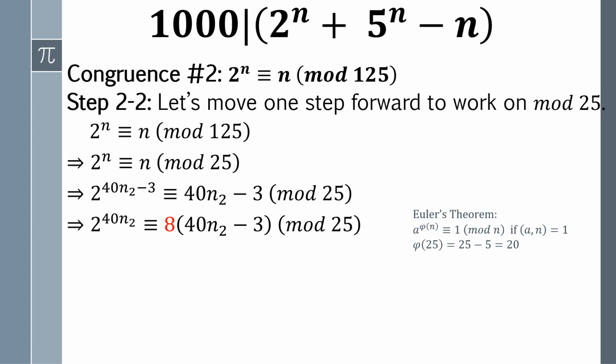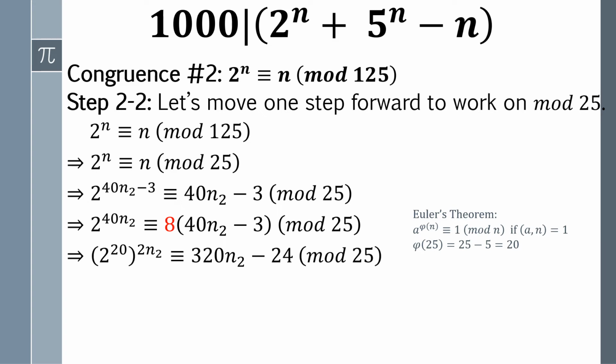For example, for the number 25, there are a total of 5 numbers smaller or equal to 25 that are not coprime with 25. Then that means phi 25 equals 25 minus 5 equals 20. If we let a be 2, that means 2 to the 20th power is congruent with 1 modulo 25. This is definitely something we can make use of.